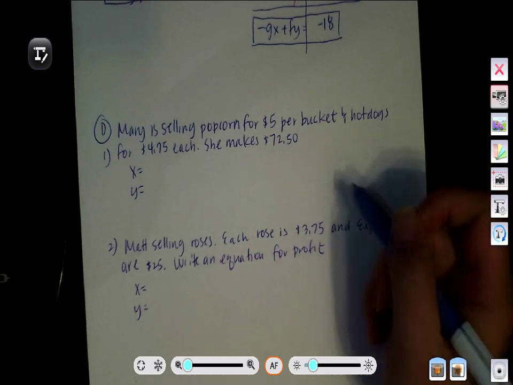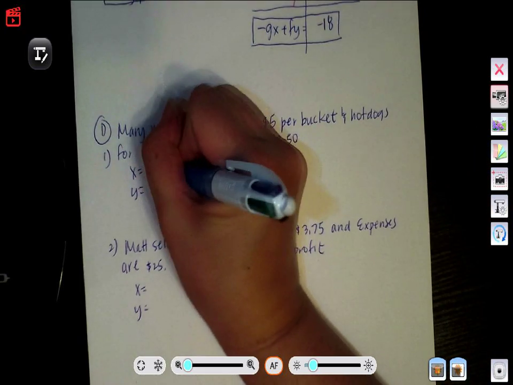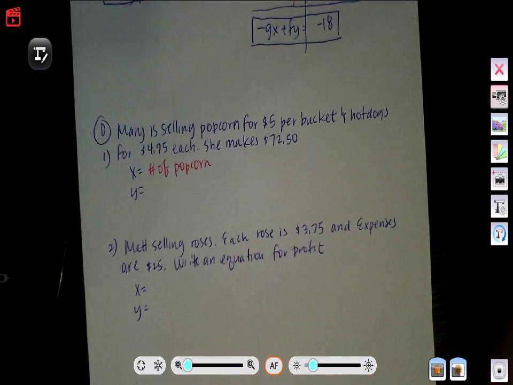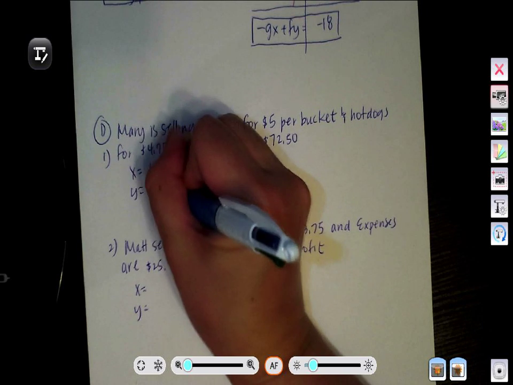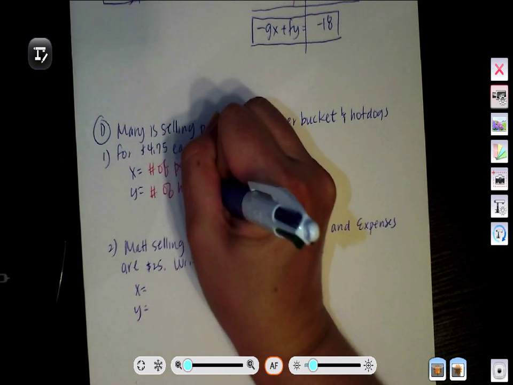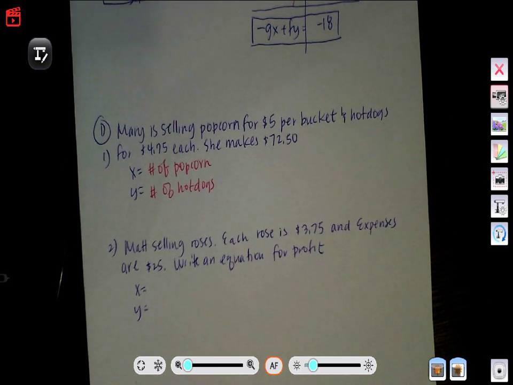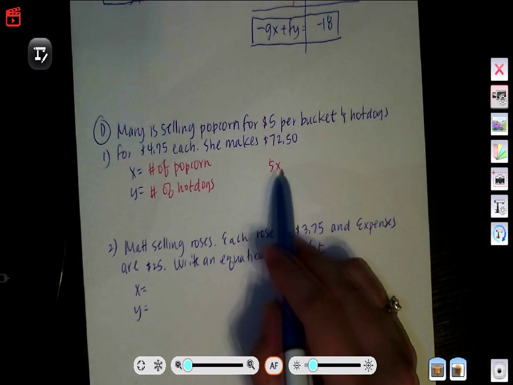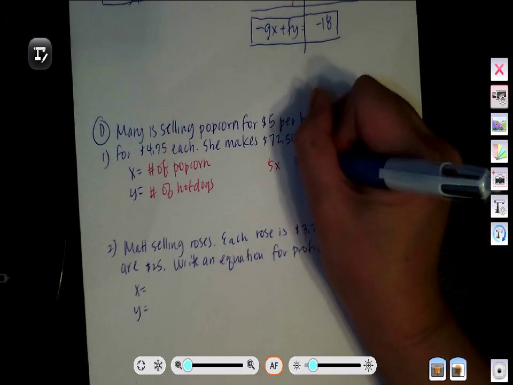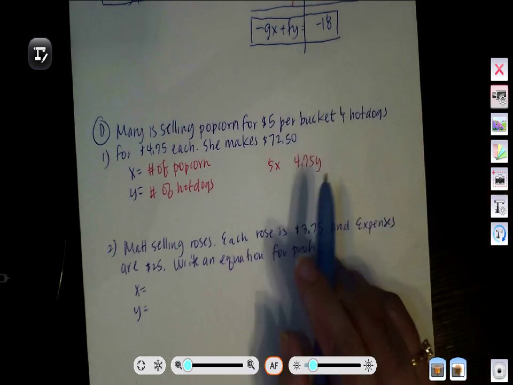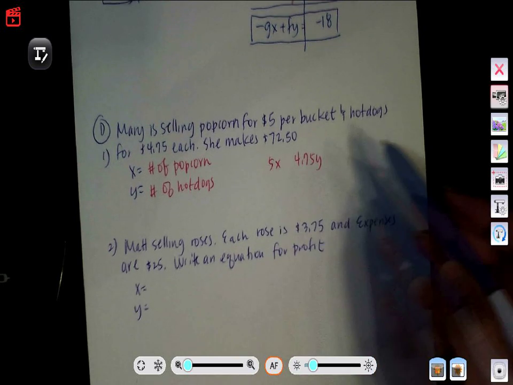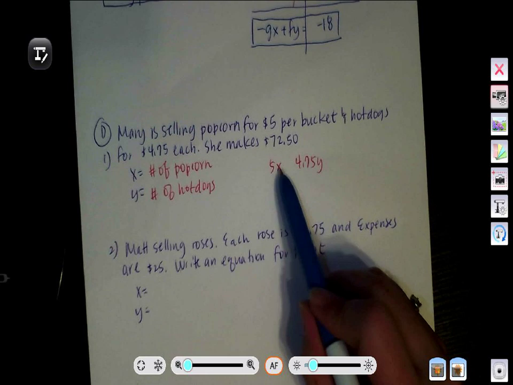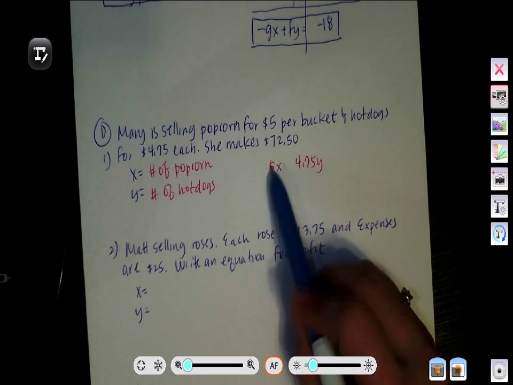So for this, the number of popcorn would be your x variable, number of hot dogs would be your y variable. So if I were to say 5x, that's going to tell me how much money I make from the popcorn. If I say 4.75y, that's going to tell me how much money I make on the hot dogs. Because if you can imagine with a number, say that I got 10 buckets of popcorn, I'll do 5 times 10 and I say $50 on popcorn, right?